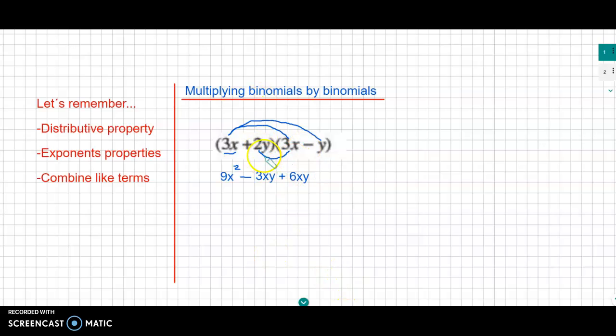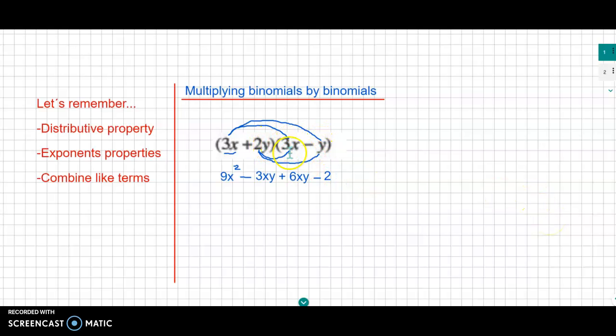And then we multiply the second term by the second term of the second binomial. So we multiply 2y times minus y. Positive times negative is negative, so 2 times minus 1 is minus 2.